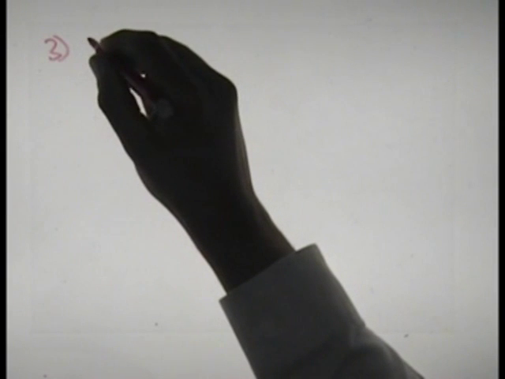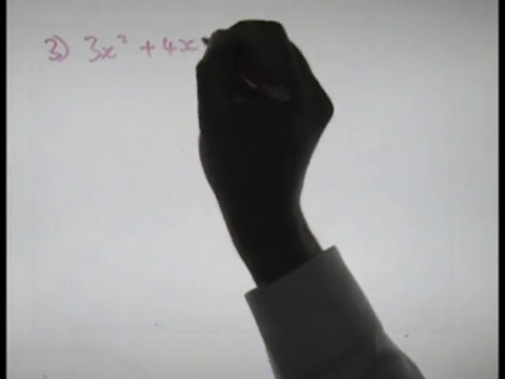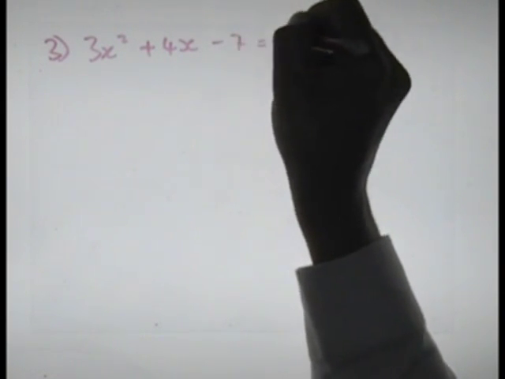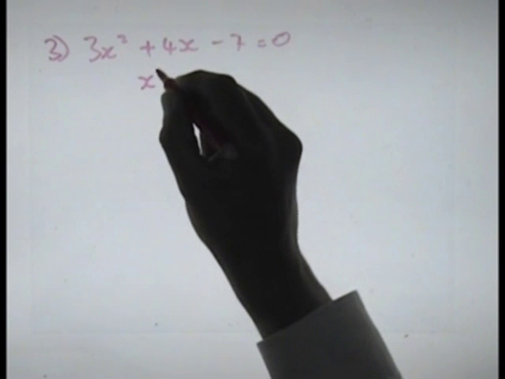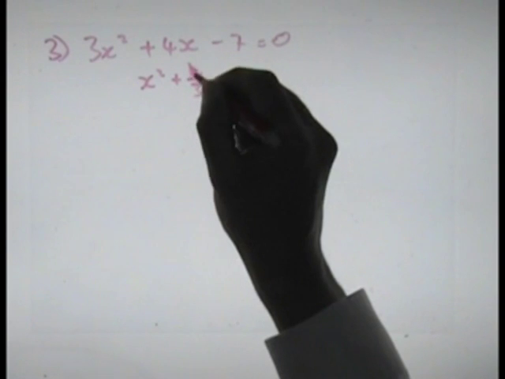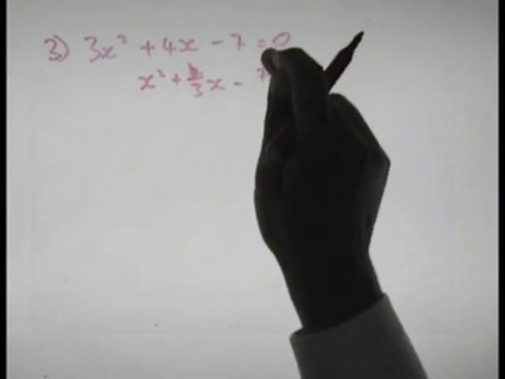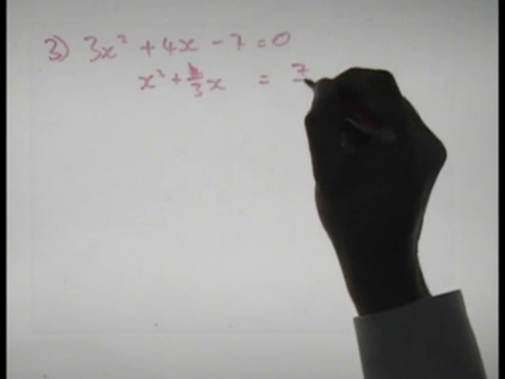The third one that I gave you to do read 3x squared plus 4x minus 7 equal to 0. This is going to become x squared plus 4 over 3x minus 7 over 3 equals 0, so x squared plus 4 over 3x is equal to 7 over 3.